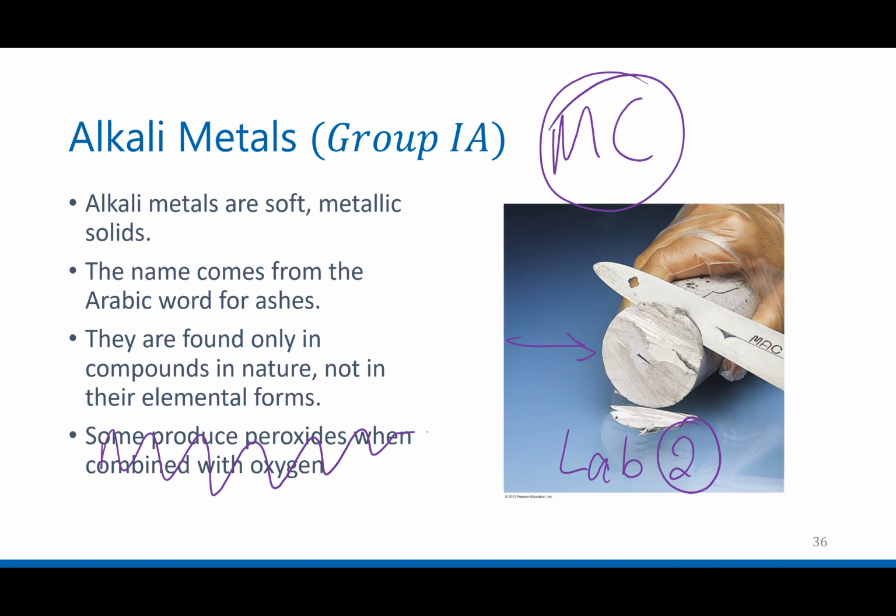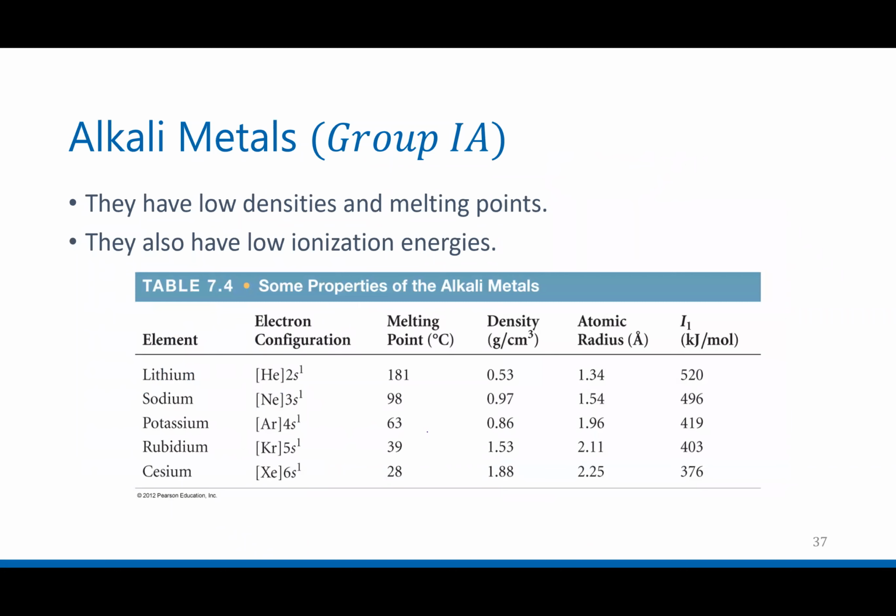They have low densities and melting points, and they have very low ionization energies. Now, think about that. The energy it takes to turn them into an ion is low. Or sorry, I said that wrong. The energy it takes to lose an electron is low.